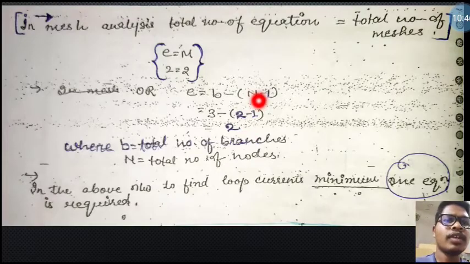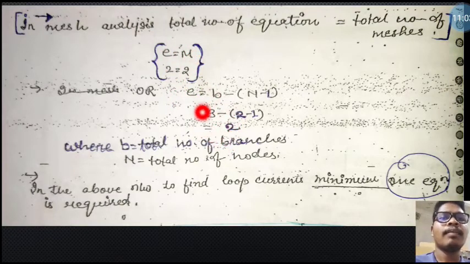Put here 2 minus 1. After calculating this, 2 minus 1 is 1, so 3 minus 1 is equal to 2. So our number of equations will be 2. From that we can find equation number 2, and by using this equation also we can find the current.